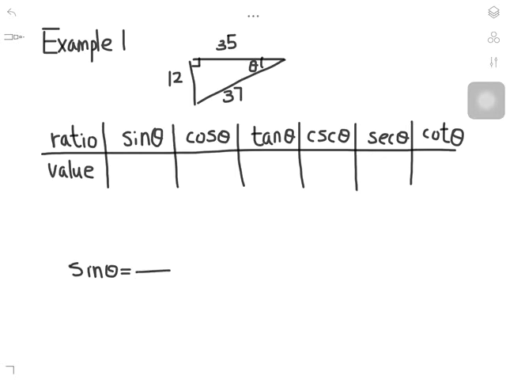Sine theta is opposite over hypotenuse. Cosine is adjacent over hypotenuse. And then tangent is opposite over adjacent.